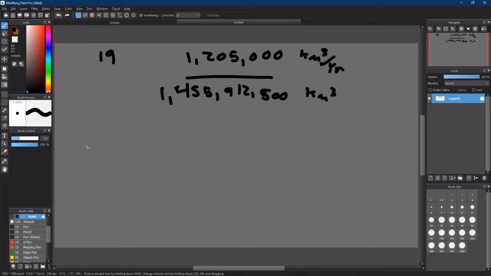And that works out to be about 0.08% approximately. That's how much water is actually in flux each year. So only the tiniest portion of water actually moves throughout the hydrologic cycle each year.